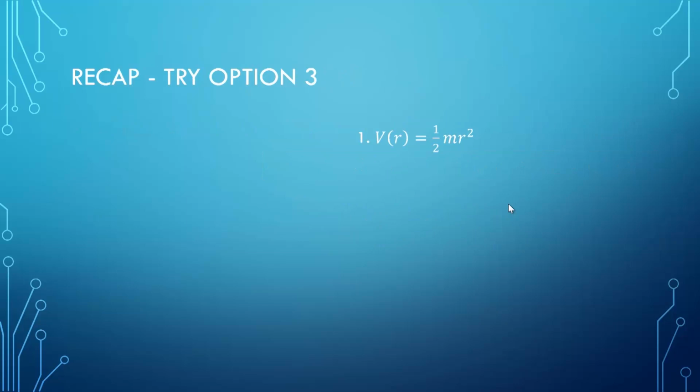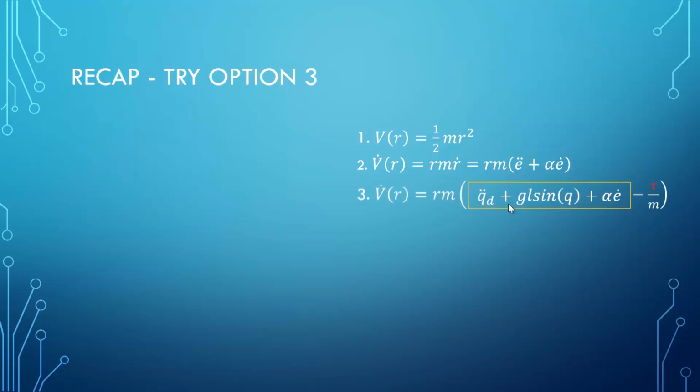And we try option 3, where V is designed as a function of R squared. And then we go through the stability analysis. We first take a time derivative. And in this E double dot, it comes with Q double dot inside. So we can substitute the closed loop dynamics here in the bracket.